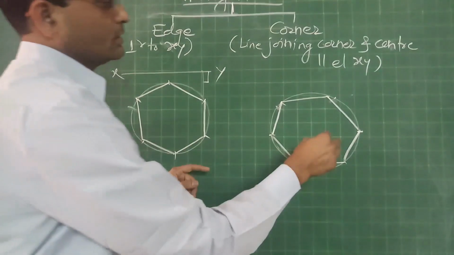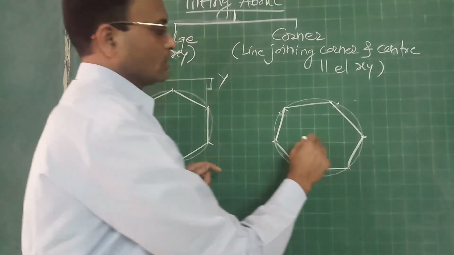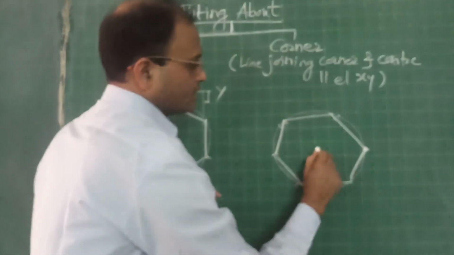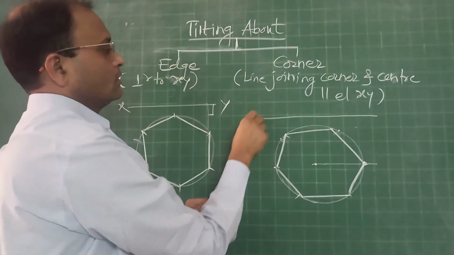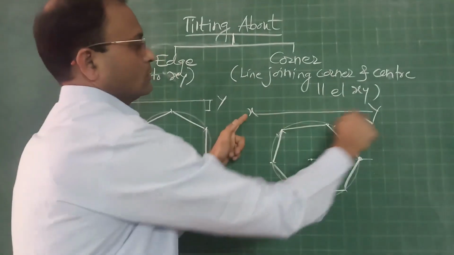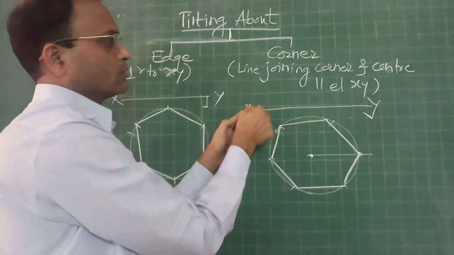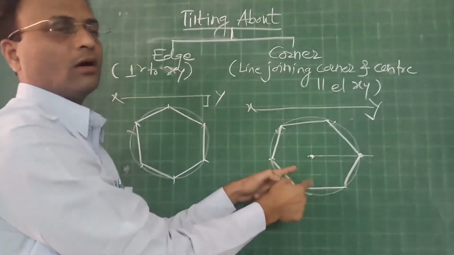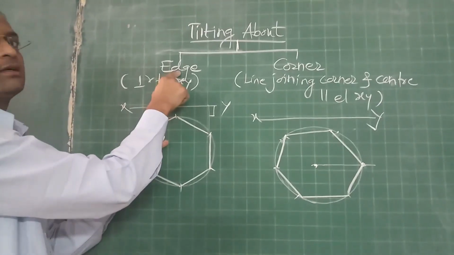So in initial condition, we find this is the center of polygon or that hexagon. So line joining that corner and center, this line must be drawn parallel to XY. So now this line joining that corner and center is parallel to XY. This is the way we need to draw if it is about corner, and this is the way we need to draw if it is about edge.